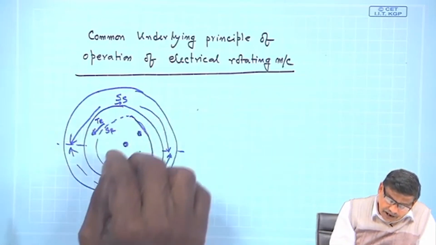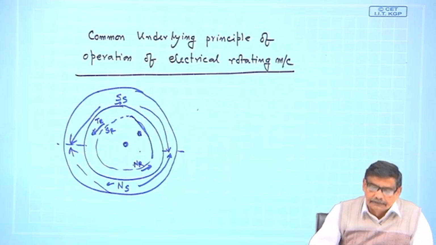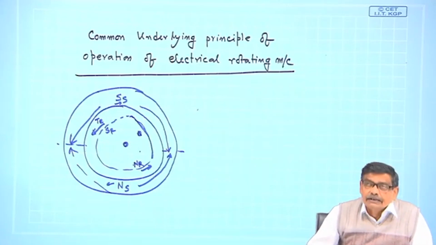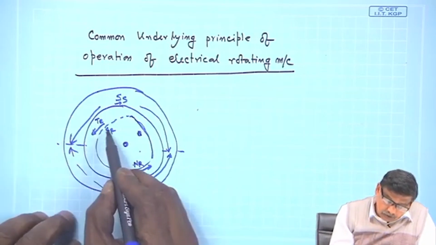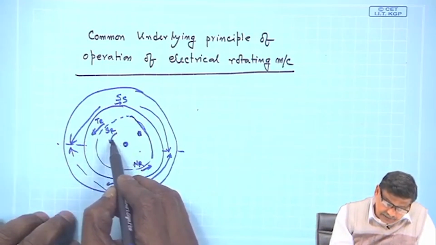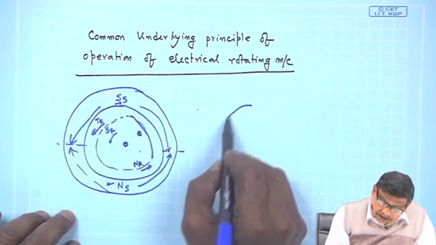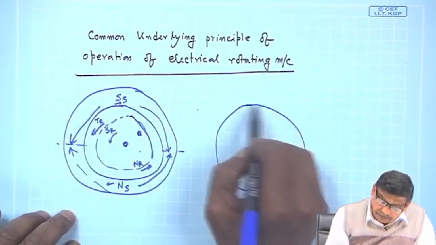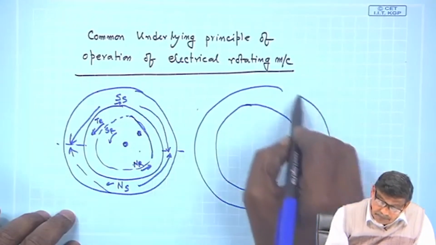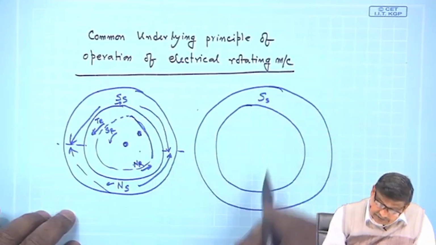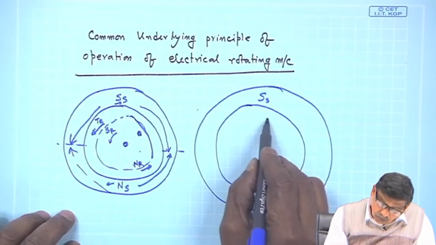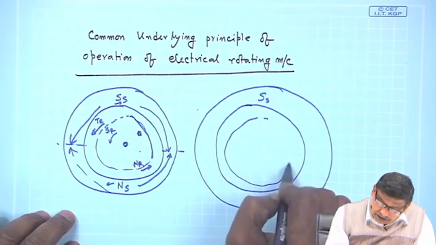Now, what I do, I release my hand and the rotor is now allowed to move. What will happen? Rotor will start moving in this direction, it will go like this, but eventually what will happen is, this is SS, this is NS, rotor will come in this position.